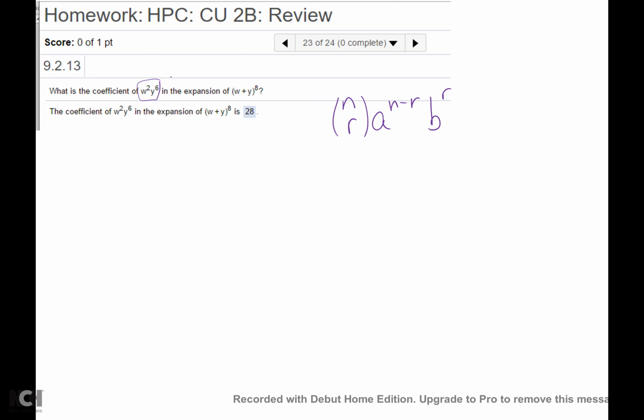When they say find this specific term, if they give you the exponent, all you do is take this exponent and subtract the first one. So 8 minus 2 is 6. So my r is 6.